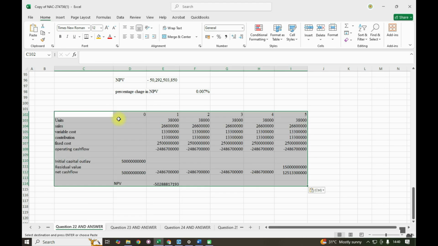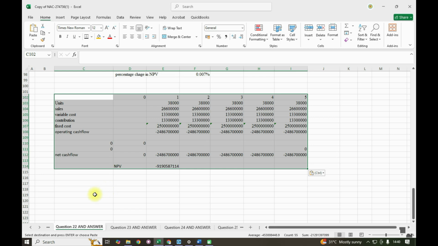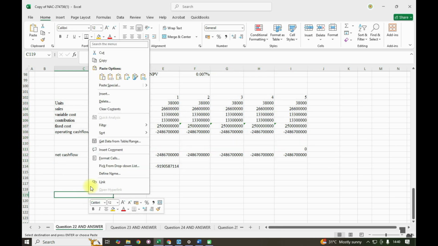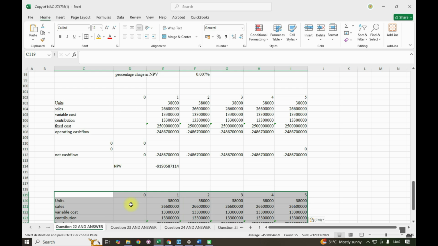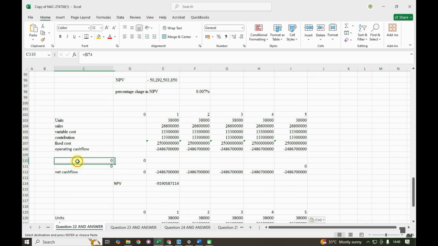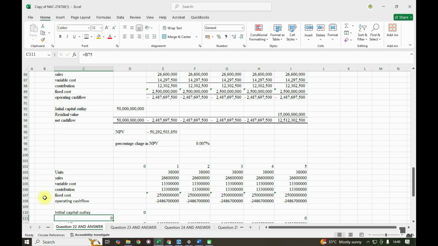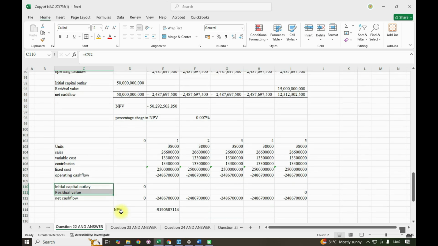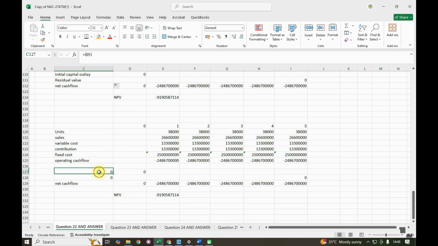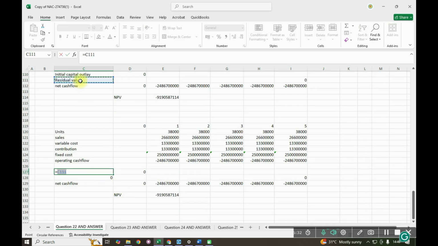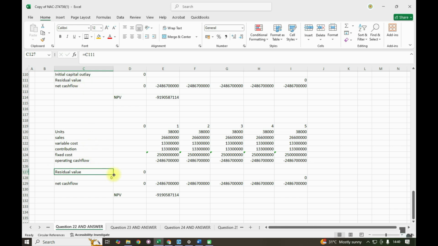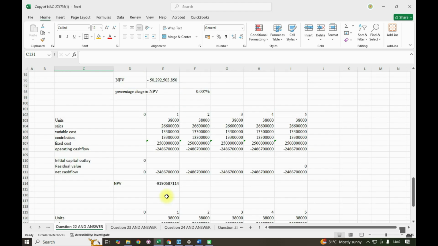I will paste it here, and I paste it here, the other, that way, so that here shall have the initial and the residue. The initial and the residue, even here, shall have the initial and the residue, that way.